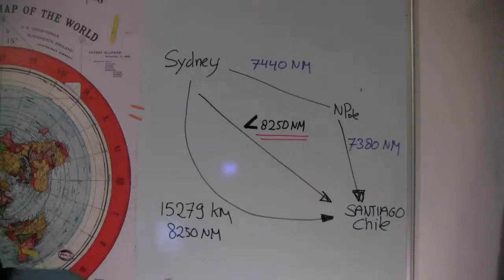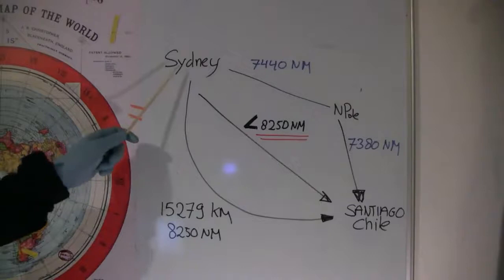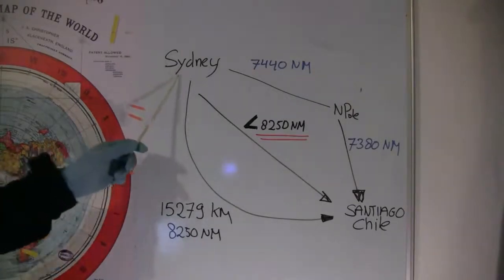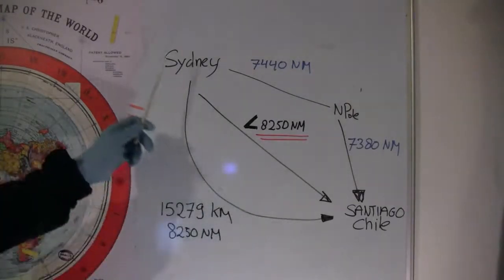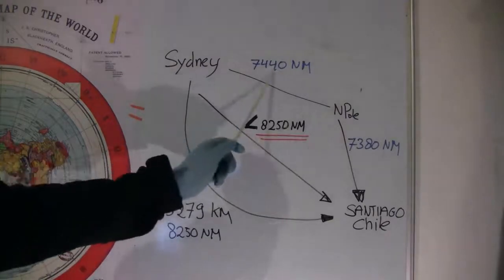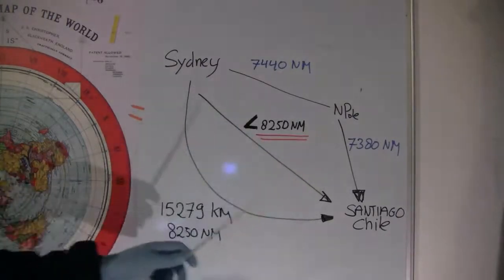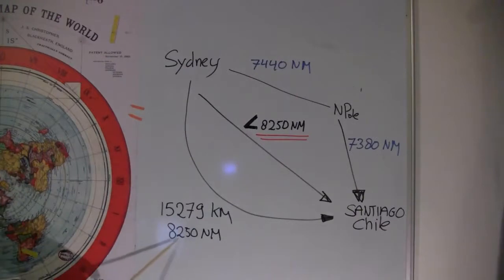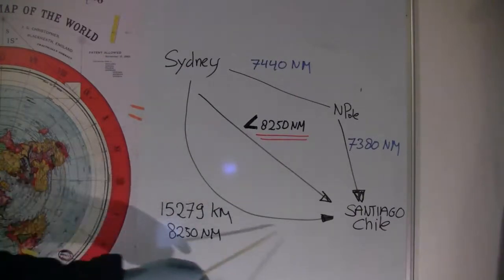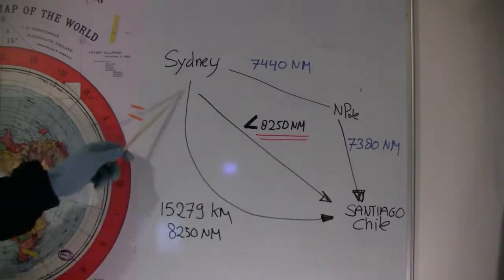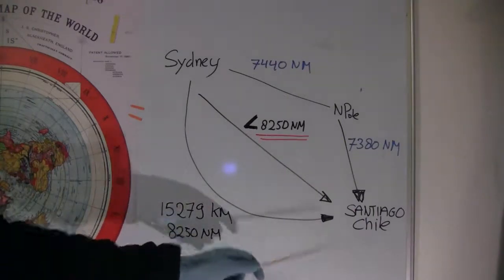These are the distances I calculated using the Gleason's map from Sydney to Santiago, from Sydney to the North Pole, and from the North Pole to Santiago. This is the distance I calculated to circumnavigate Sydney to Santiago.